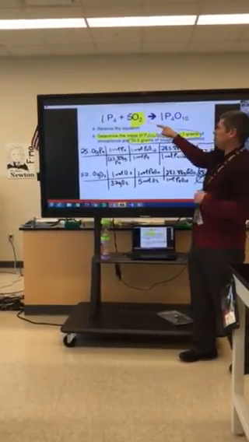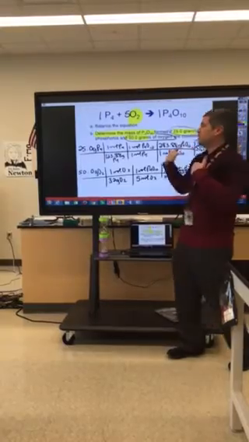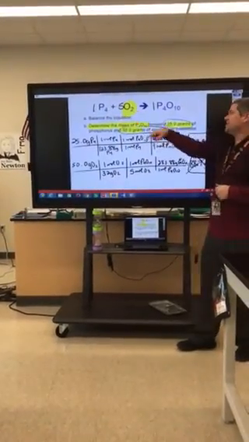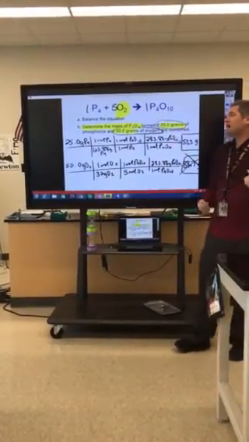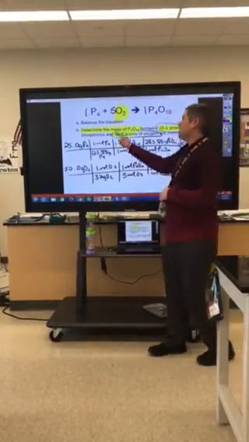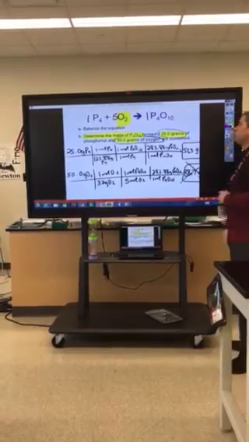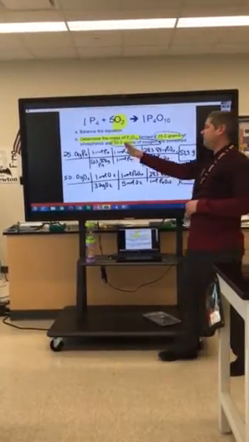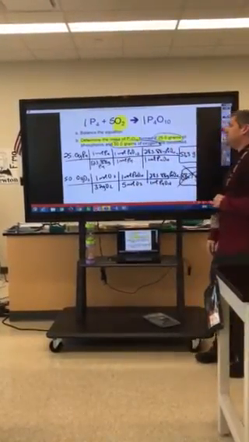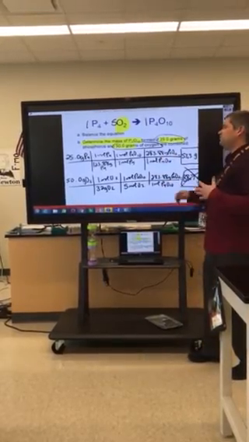I have 10 O's on that side, 10 on this side, I'm good. 4 phosphorus on that side, 4 on that side, I'm good. Determine the mass of P4O10 formed if 25 grams of phosphorus and 50 grams of oxygen are combined.